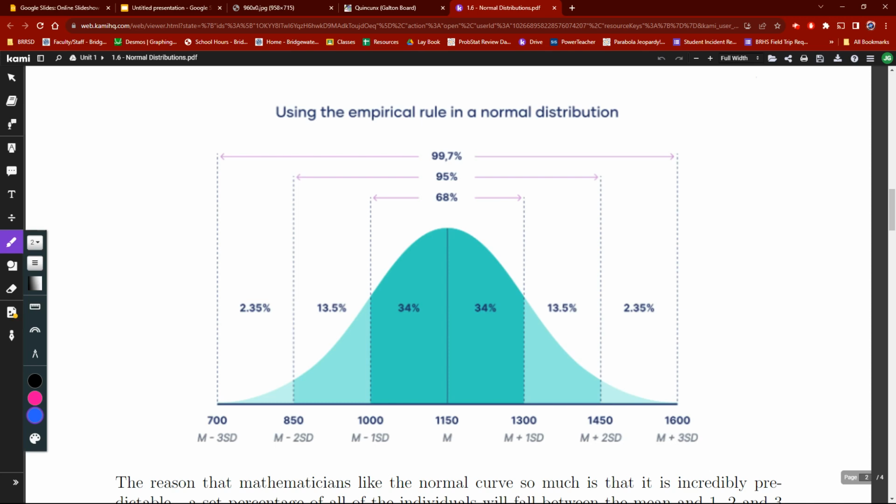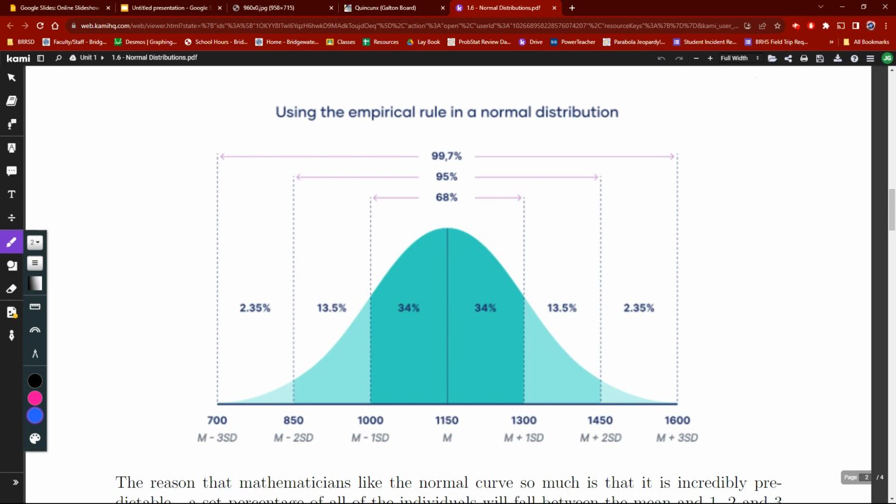And it is a roadmap for the normal curve that tells you the percentage of values that you should expect at one standard deviation. So this intersection is one standard deviation on either side of the mean. Two standard deviations, that's the next lighter teal spot. That's going to be the mean plus and minus 2 standard deviations on each side. And then finally, 3 standard deviations on each side. That's going to be our last area there.